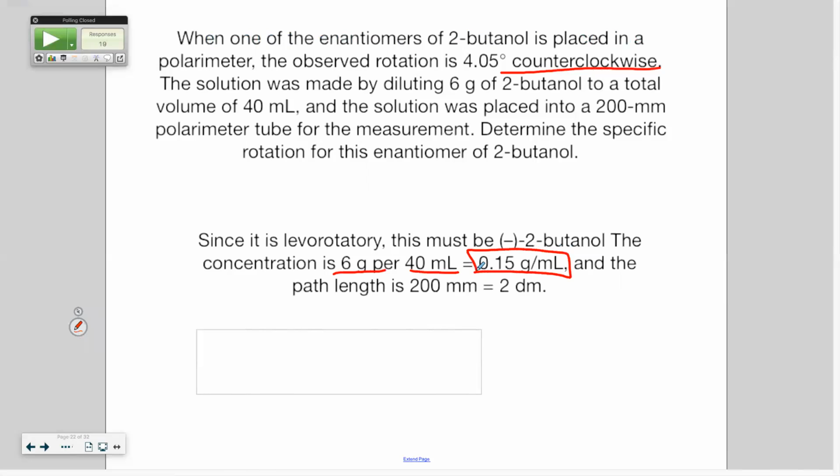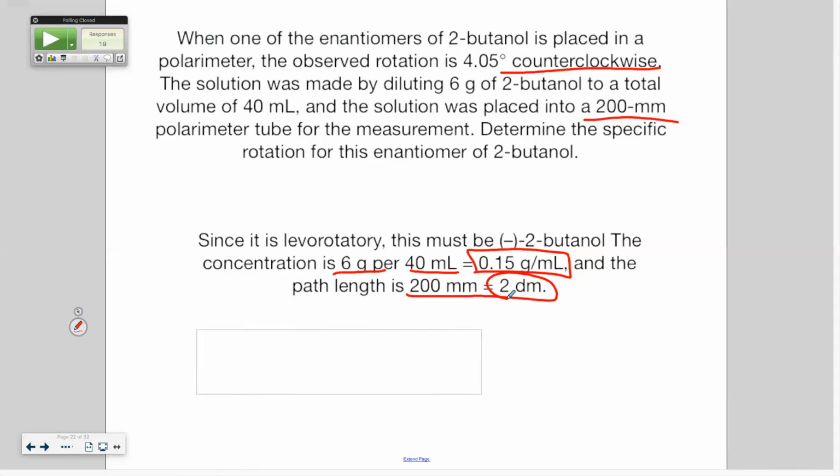That's your concentration. The path length, the length of the tube, is 200 millimeters. So that's telling us that it's 2 decimeters. You know how big a millimeter is? You know how big a centimeter is?